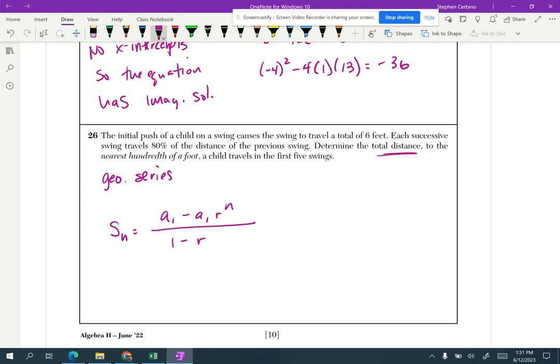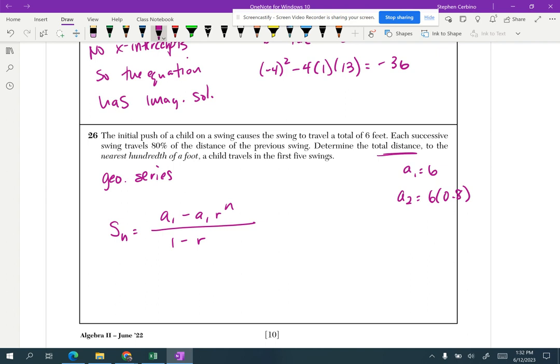Now, in this case, to get from one term to the next, we're going to multiply the previous term by 0.8 because each swing is 80% of the previous swing. So like a sub 1 would be 6, a sub 2 would be 6 times 0.8, and so forth and so on. So if we type in here for the total amount of swings, how many swings is it?